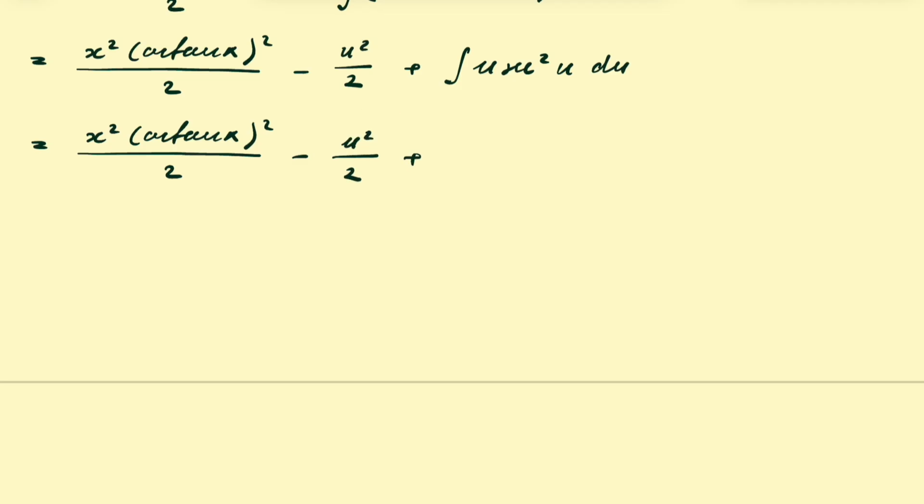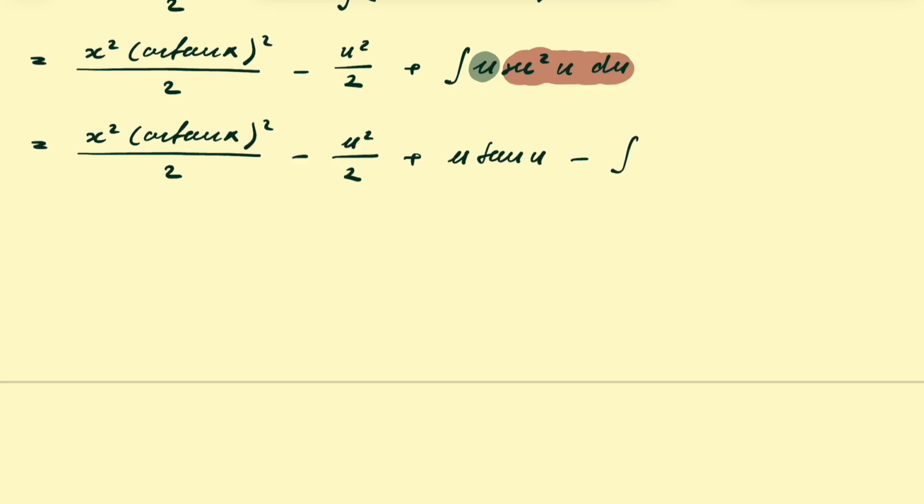Plus, now using integration by parts, I've already shown you the u dv notation. Now let's follow the tradition of this channel and evaluate integration by parts in our minds. So u will be the function we'll differentiate later on, and secant square of u du is the function we need to find an antiderivative of. First, we rewrite u and multiply this by the antiderivative of secant square of u, which is tangent of u.